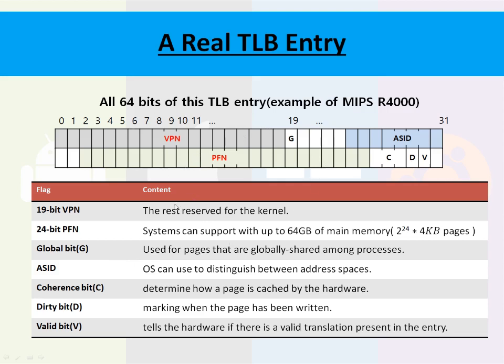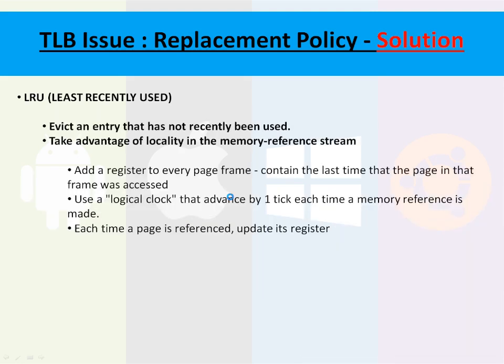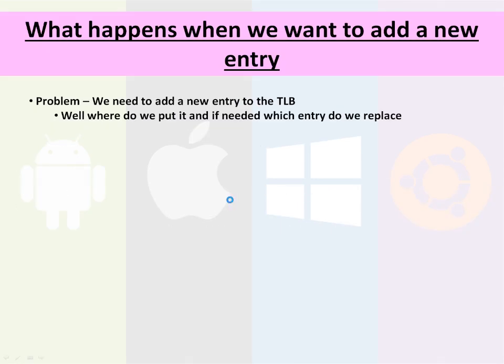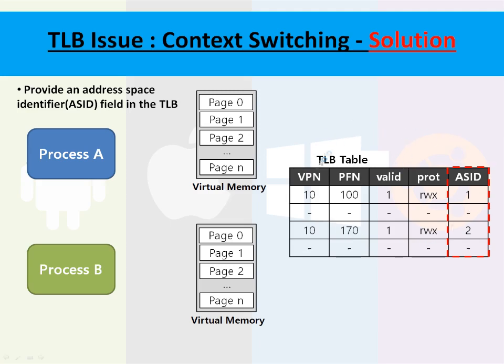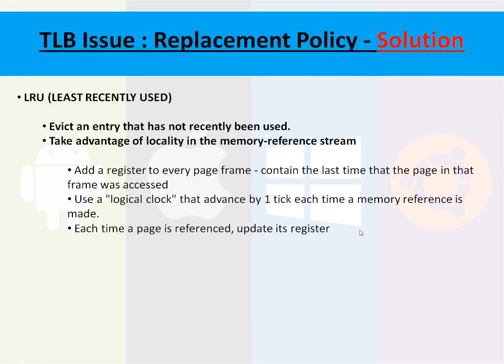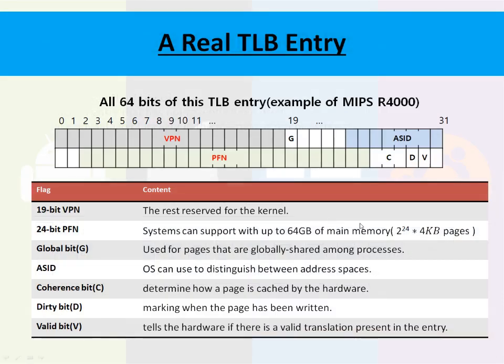We'll mainly just be focusing on TLB entries with the VPN, the PFN, and the ASID, similar to a couple slides back. This is all we really care about. But if you're interested, that's specifically what the whole entry would look like.